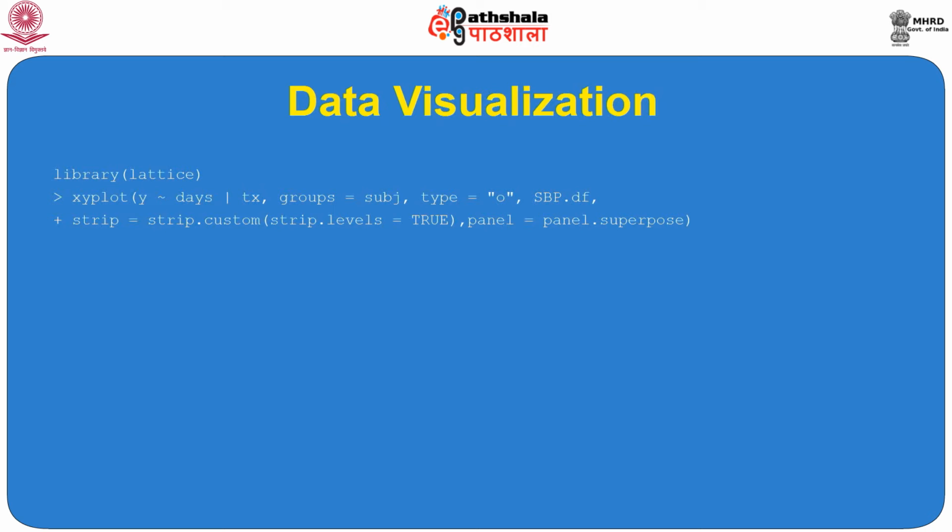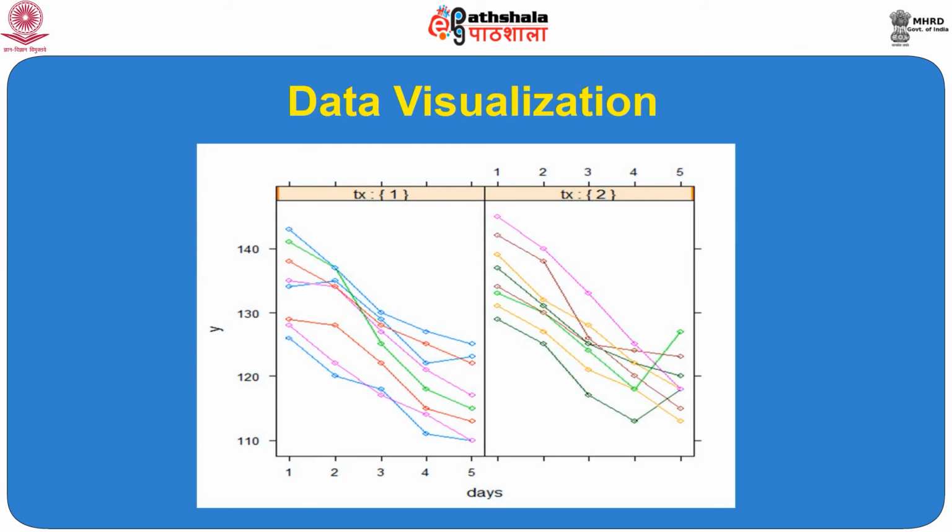This is the graph separated for treatment 1 and treatment 2, and for treatment 1 those individuals had high systolic blood pressures, and they all reduced.